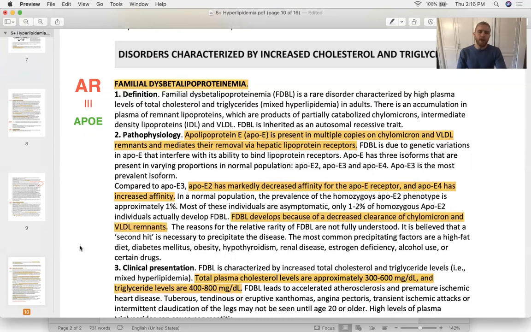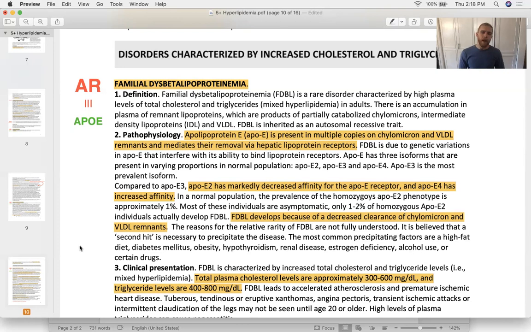And ApoE, if you remember from Alzheimer's and neuroblock, ApoE has a few variants. Most people have ApoE3. People who have ApoE2 have a decreased affinity for the ApoE receptor. And people who have ApoE4 have lipoproteins with an increased affinity for the ApoE receptor.